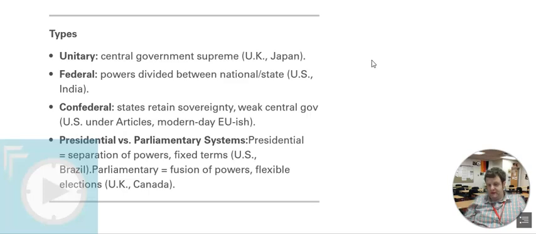Like when you're in Germany, you're working with the German state. When you're in Italy, you're working with the Italian state. When you're in France, you're in the French state. The United States of America does have a historical example of this. Around the Revolutionary period in the early days of the United States, when we worked under the Articles of Confederation, we were a confederacy.